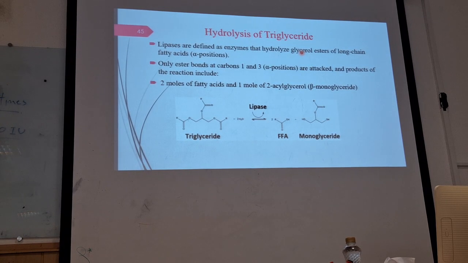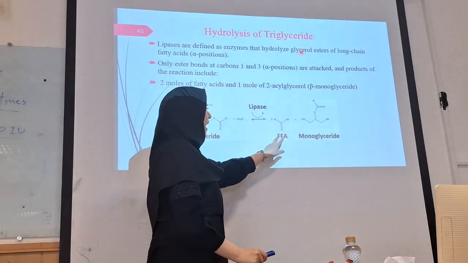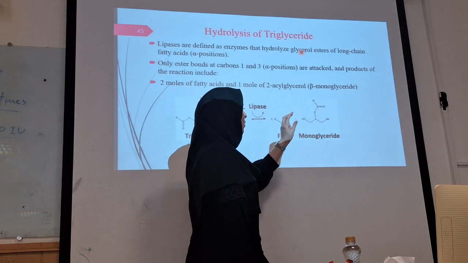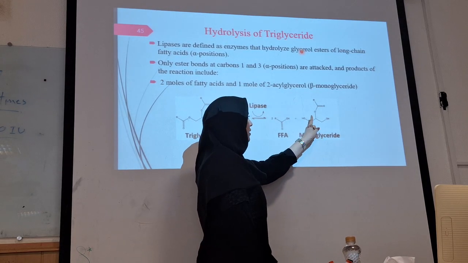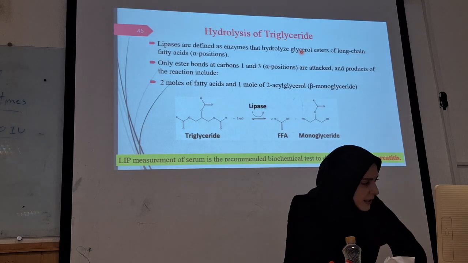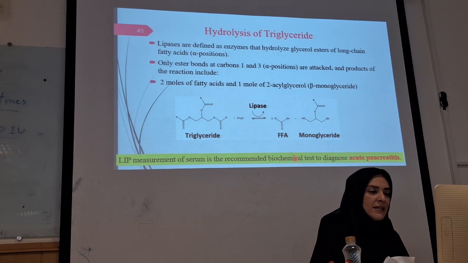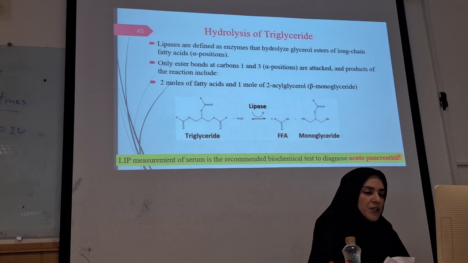So position 2 remains. Okay? After digestion, we have 2 free fatty acids and also a monoglyceride at position number 2. And like amylase, this enzyme is a recommended test for diagnosing inflammation in the pancreas, especially acute pancreatitis.